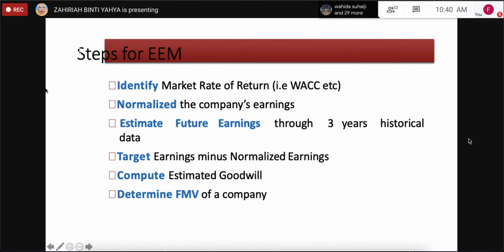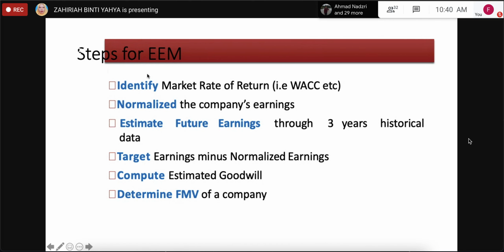Okay, ini step for EEM. What is EEM just now? Saya dah lupa. Excess earning method. Okay, so this is the process. Pertama, you have to identify market rate of return, WACC. You have to normalize the company earnings. You have to estimate future earnings using 3 years historical data.